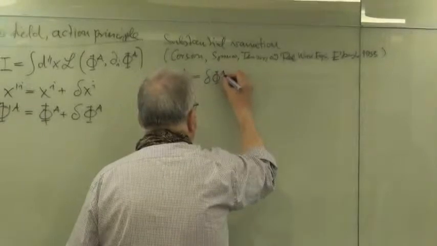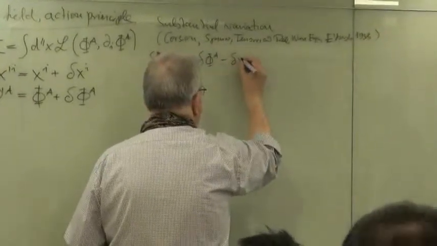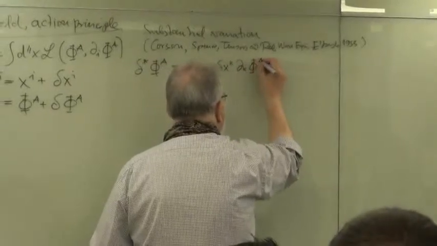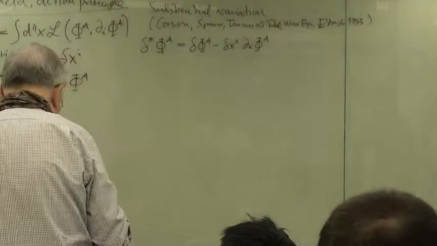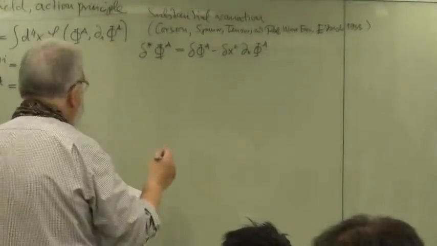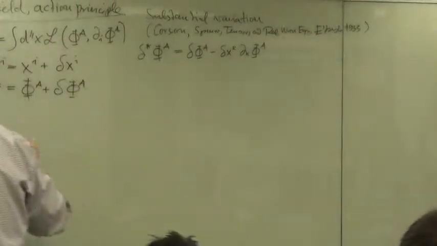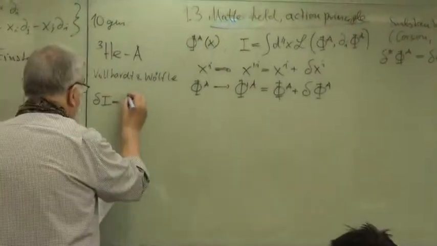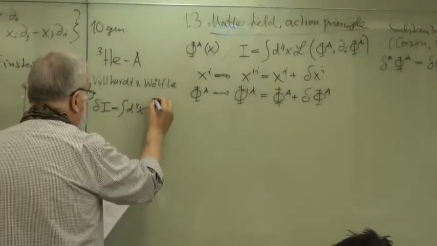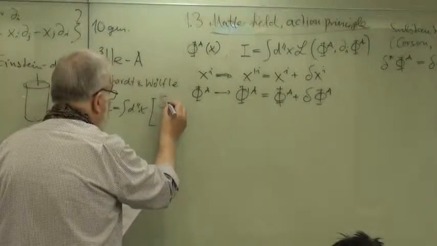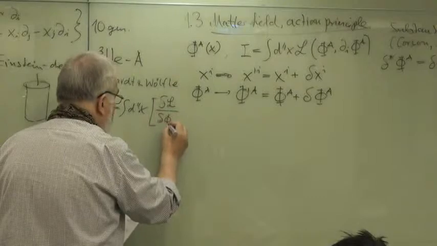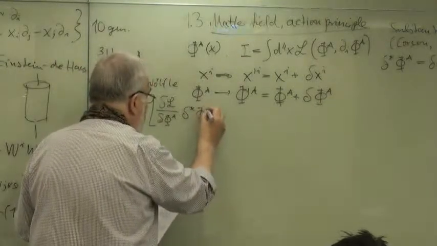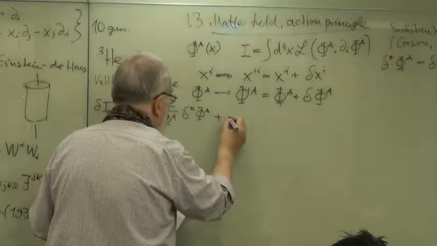So variation of phi A minus the transport term is variation dx k partial k of phi A. Okay, and then I vary my coordinates and my fields, and I substitute it in the action function, and what I find is the variation of the action function dI equals d for x, and now a bracket, and here I get what is called the variational derivative, dL over d phi a times the substantial variation, delta star of phi a plus, and I get a surface term.